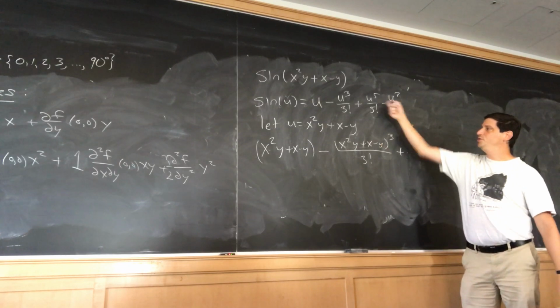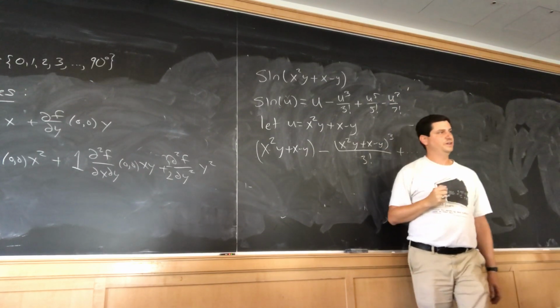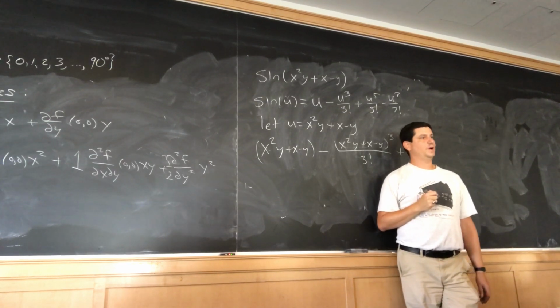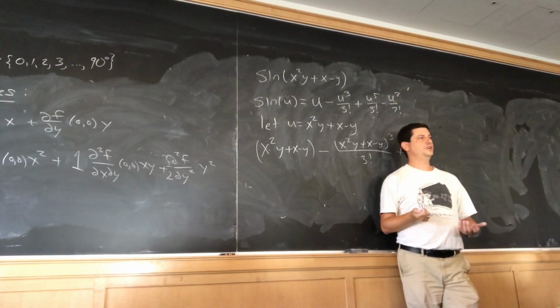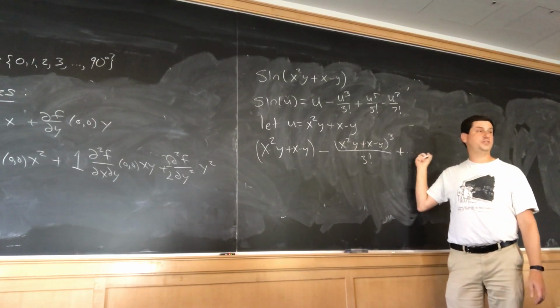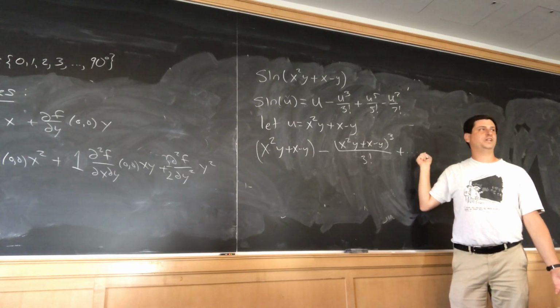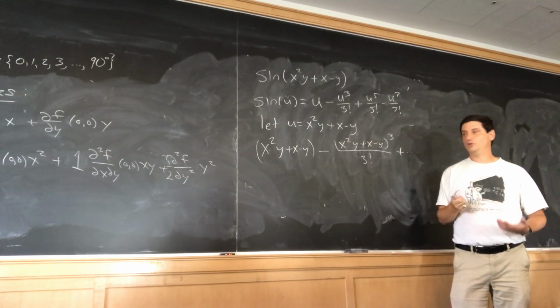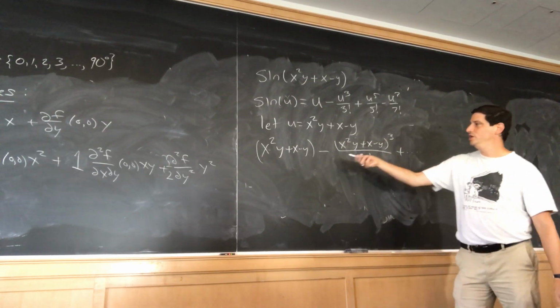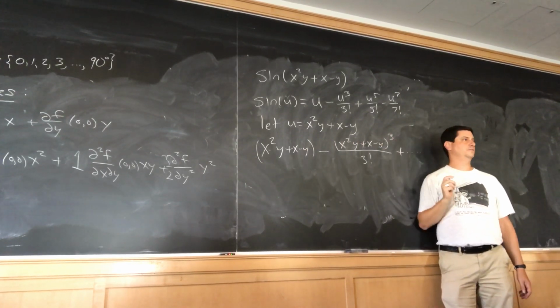For the next one, with the u to the 5th, the smallest would be degree 5, the largest would be degree 15. So if I wanted to find the third order Taylor series expansion, I don't have to worry about the u to the 5th terms. That's already going to be of degree at least 5. If I want just the third order Taylor series, all I have to do is take this and take only the terms of degree up to 3 here.